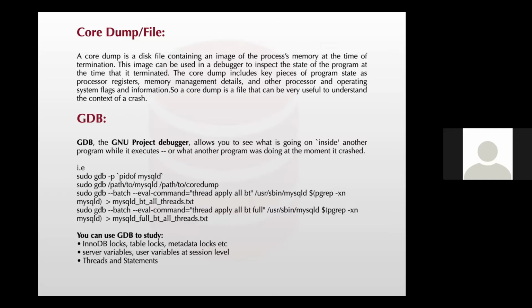The core file or core dump is a disk file containing an image of the process's memory at the time of termination. Whenever any process or service is terminated, the current picture of memory and the details about that process are written into the core file.